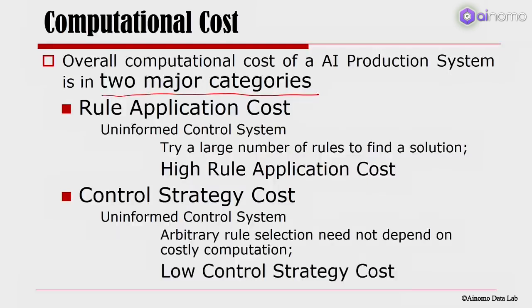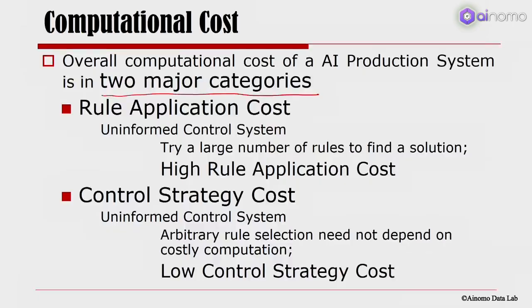Whereas in terms of control strategy, when we have an uninformed control system, arbitrary rule selection need not depend on costly computation. Therefore, we have a very low control strategy cost. So when we have an uninformed control system, the rule application cost is very high, for we need to try a large number of rules. Whereas for the same uninformed control system, the control strategy cost is very low, for rule selection will not depend on costly computation.